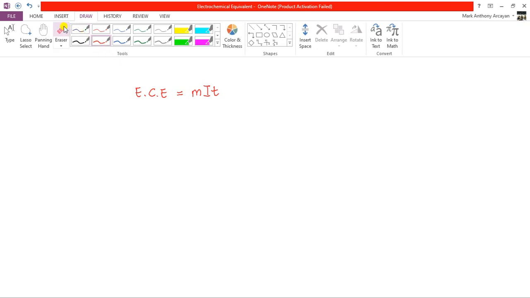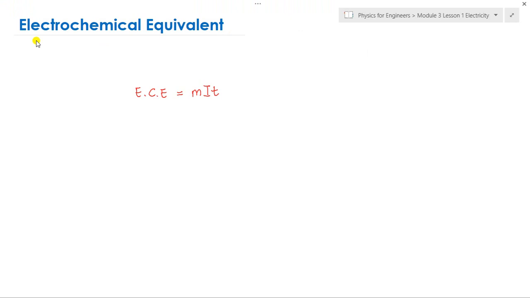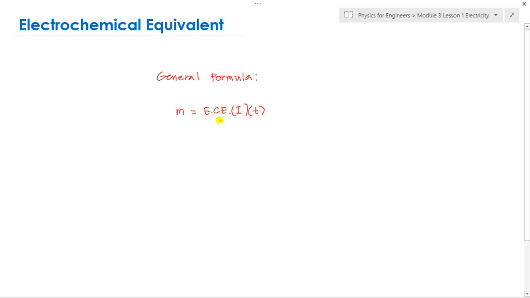Actually, that is reversed. The general formula is that the mass of an element is related to the electrochemical equivalent, ECE, which other books abbreviate as Z, multiplied by the current times the time it takes for the electrolysis reaction.